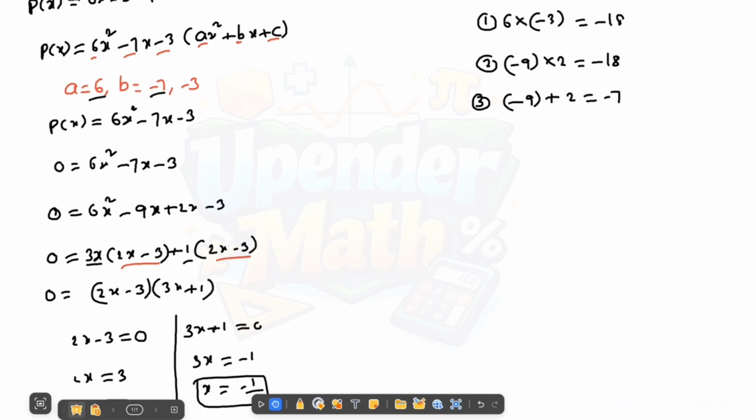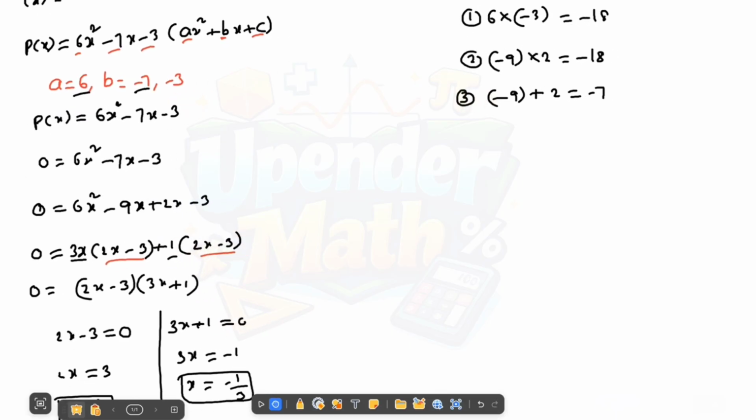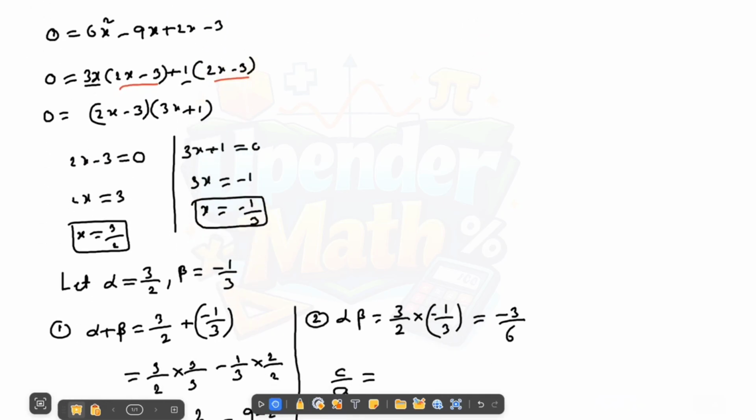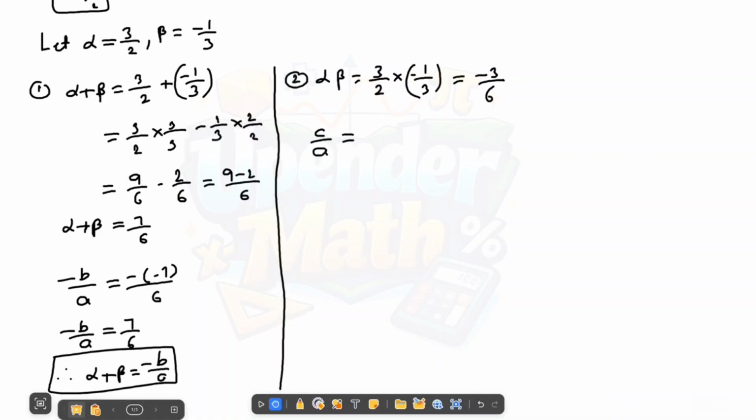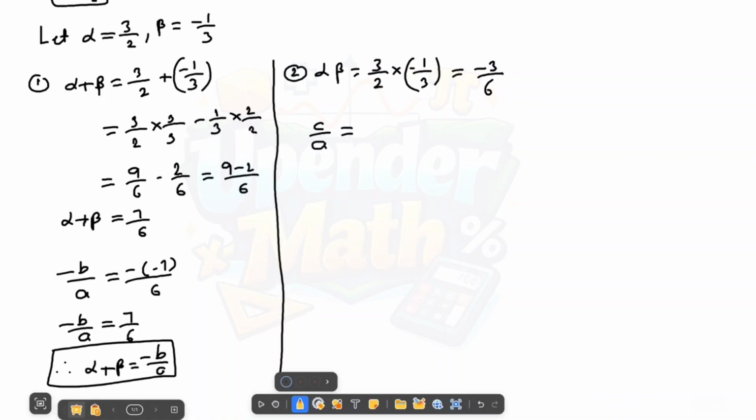So this is c. c is equal to minus 3. So c by a means minus 3 by the value of a, which is 6. So minus 3 by 6. So the product of zeros is minus 3 by 6 and c by a is minus 3 by 6. Therefore we can write alpha into beta is equal to c by a. So the second relationship has been verified.